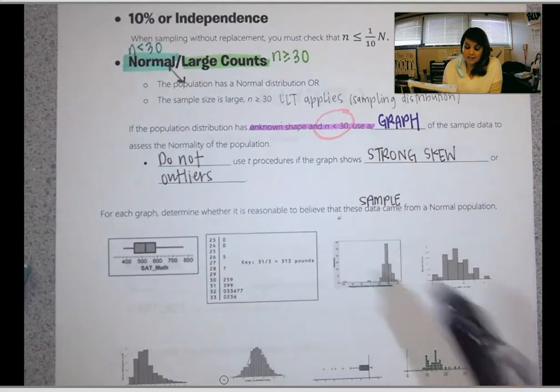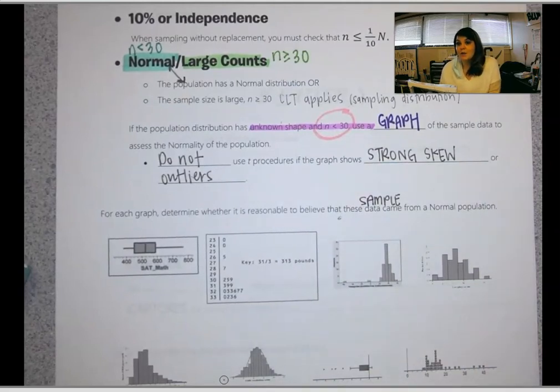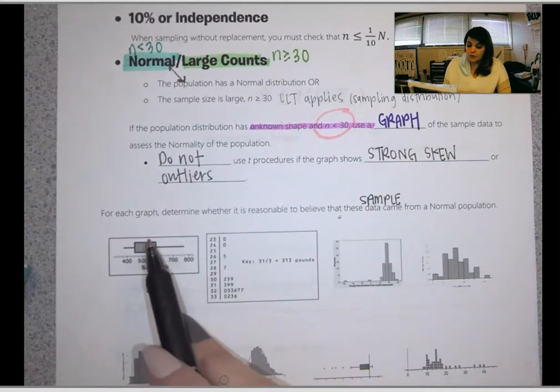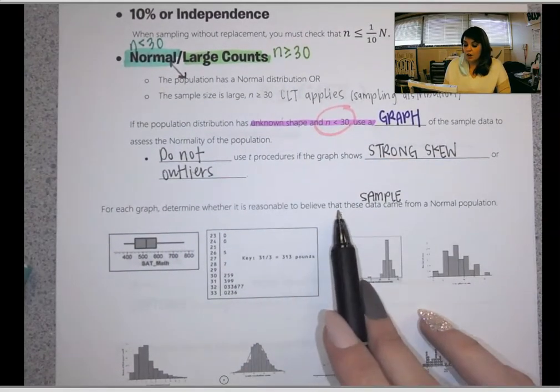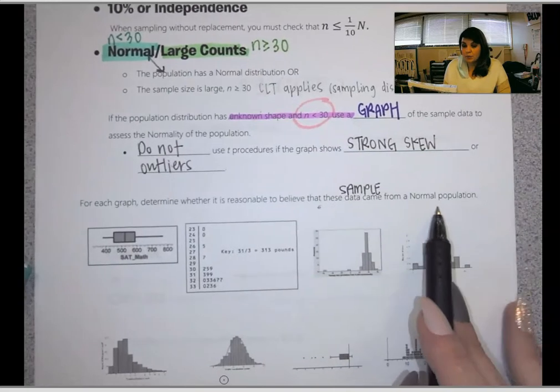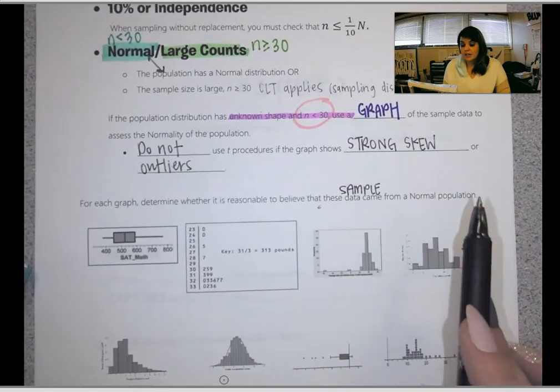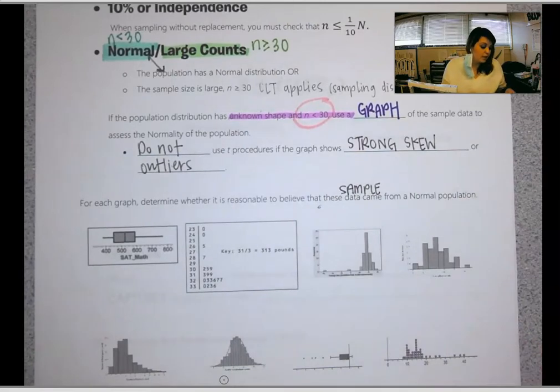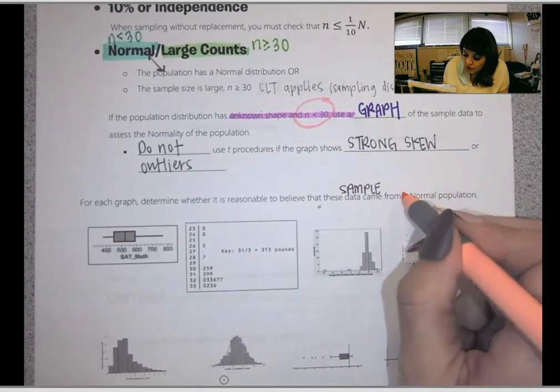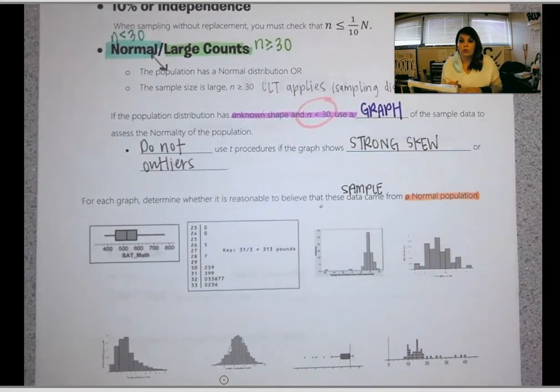If our data is not normal, then we can't use a normal distribution. So for each graph, we are deciding if it's reasonable that they came from a normal population. It is essential that you understand that what we are checking is whether or not the population is normal. That's so important.